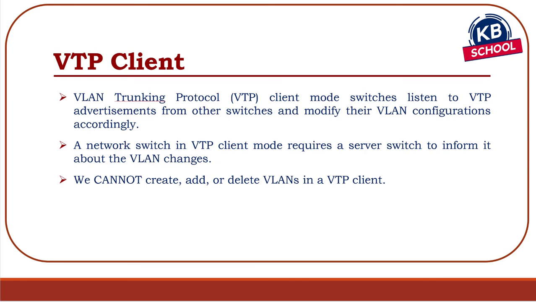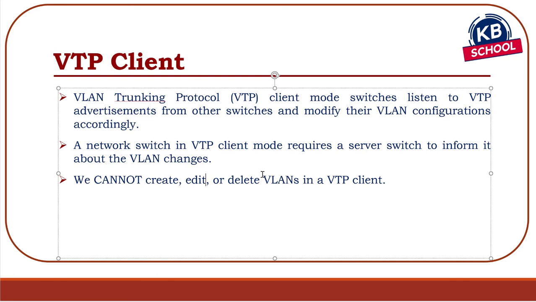They themselves cannot create any VLANs. So once you set up a device as a VTP client, you lose the capability of creating, adding, editing, or deleting VLANs on a VTP client. Create and add are the same thing.